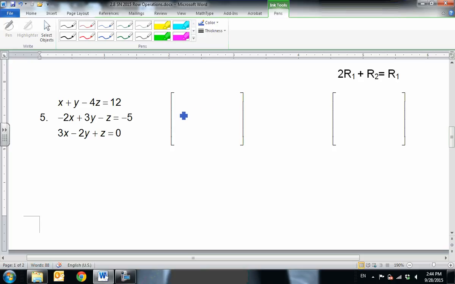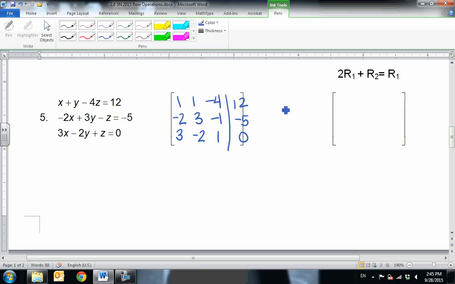Okay, start by filling out the augmented matrix on number 5, meaning fill in your coefficients and your constants. Everyone okay filling in that first matrix?